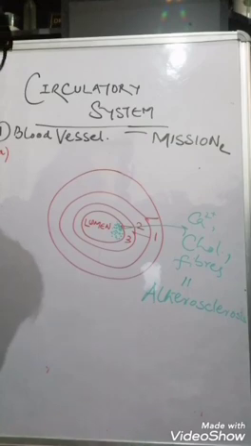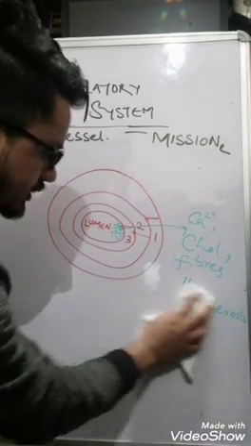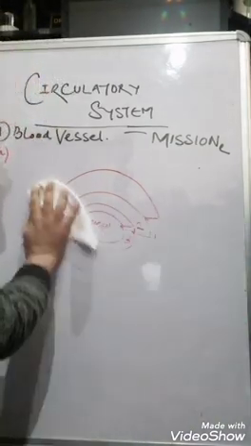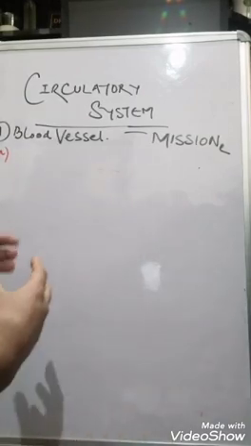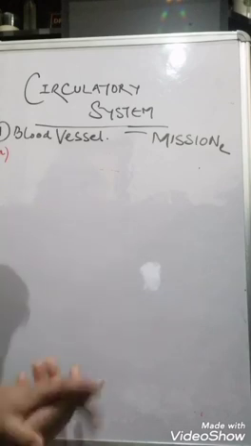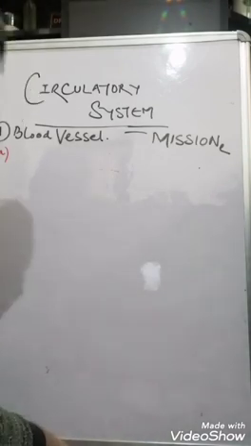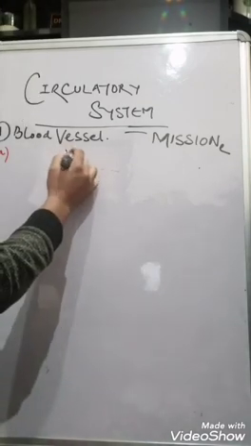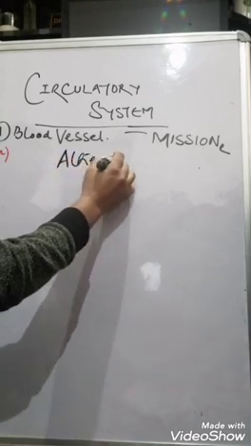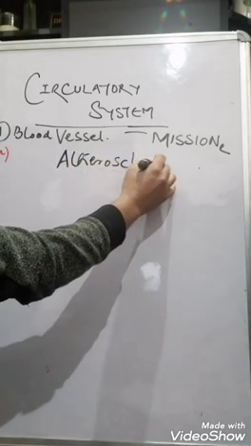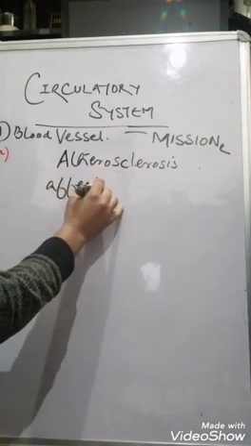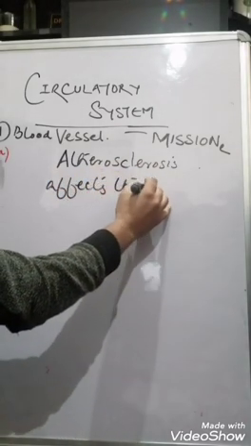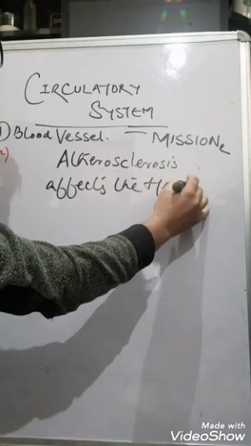Sometimes this atherosclerosis, the deposition of calcium and cholesterol and fat and fibers in the lumen of the artery, affects the heart artery.